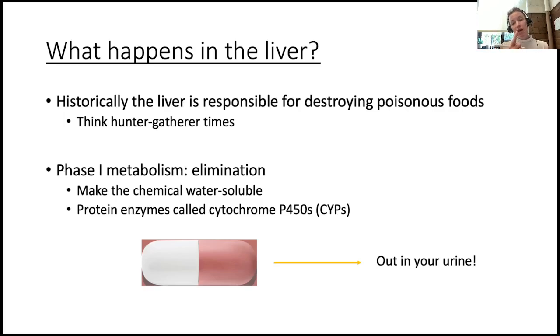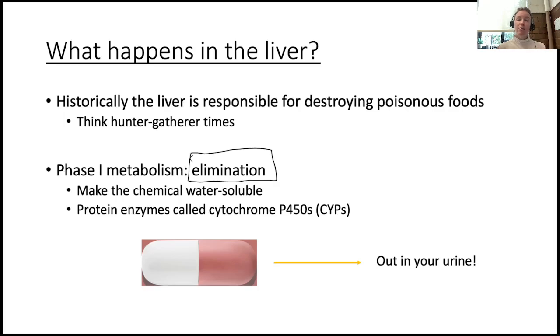The first type of metabolism that's happening in the liver is called phase 1. And the point of this type of metabolism is to eliminate whatever you ate. So some drugs, like THC for example, are very fatty. So they're not easily excreted out in your urine, for example.